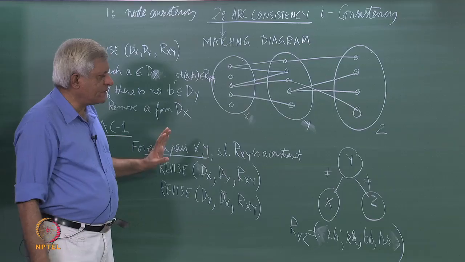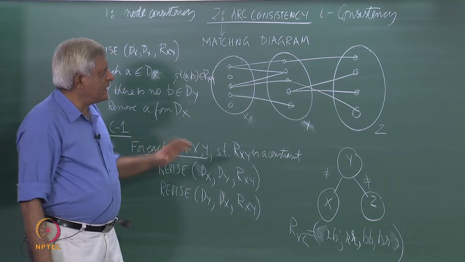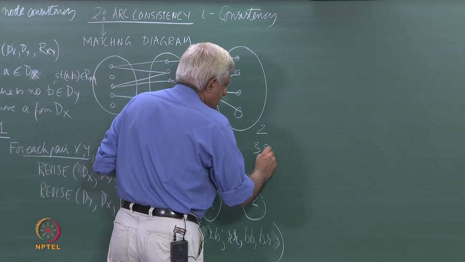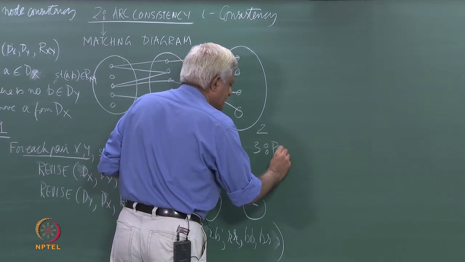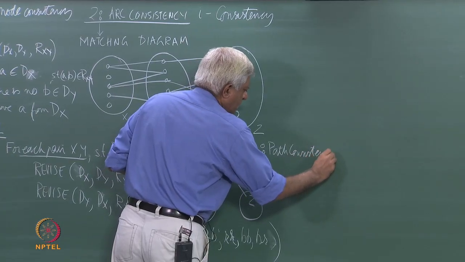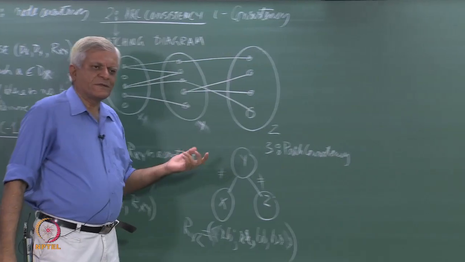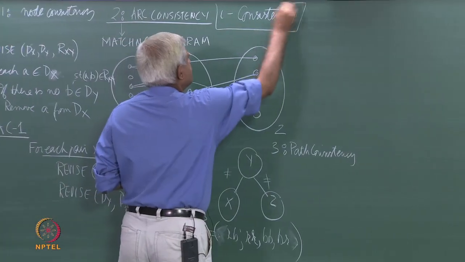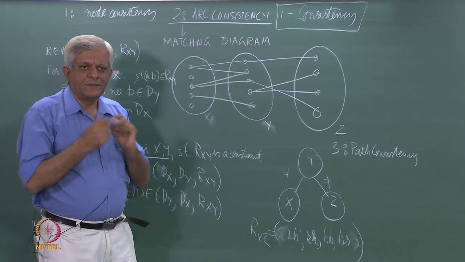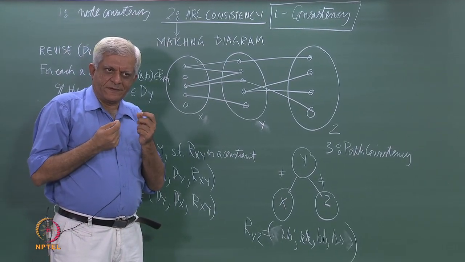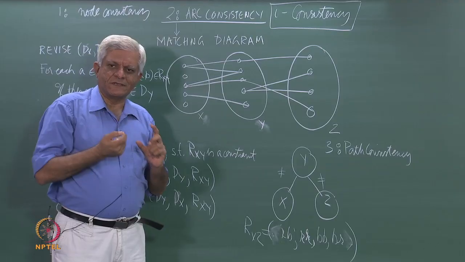So, before I come back to this, we have a notion of 3 consistency, which is known as path consistency. Remember the notion of I consistency, which is a generic notion. 3 consistency says that any pair of values which are consistent can be extended to a third value.